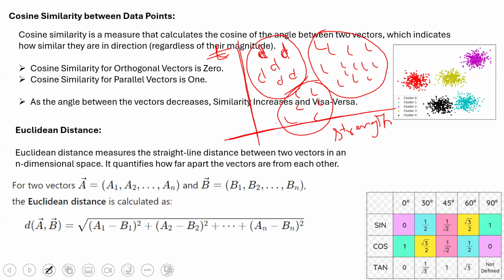You can also give numbers to this: 2, 4, 6, 8, 9, 10, and 1, 2, 3, 4. So this dog's strength is 2 and the tail length is 4. This dog's strength is 2.5 and tail length is 3. That is what points basically means.